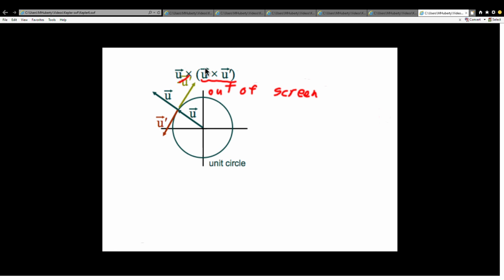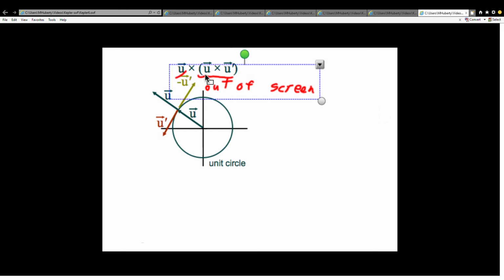Move that out of the way. Okay, so it's right there. That's what that vector is. Now it has to be a unit length vector, because everything we're doing here is unit length. That is, you cross product a bunch of unit length vectors, they give you unit length vectors. Okay, so this whole thing that we just did turns out to simplify to be negative U prime.